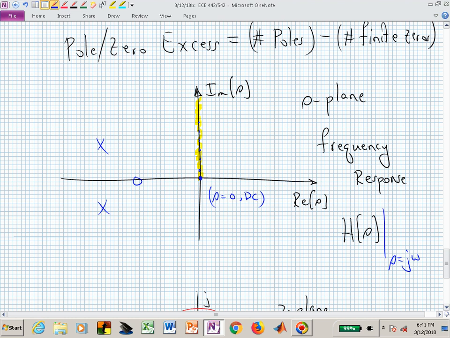If I'm sampling at an omega sub s, what's the highest frequency I can actually identify in a sampled signal sampled at omega sub s? Nyquist. Do you remember Nyquist or not? The highest frequency that you can ascertain in a sampled waveform is half the sampling frequency. So the highest frequency you can find is omega sub s over 2.